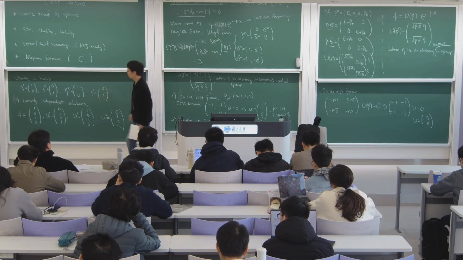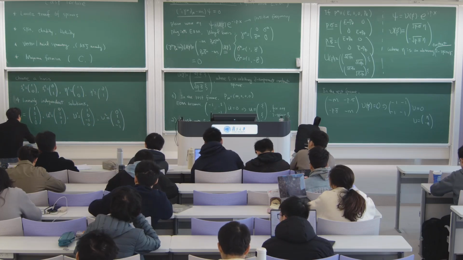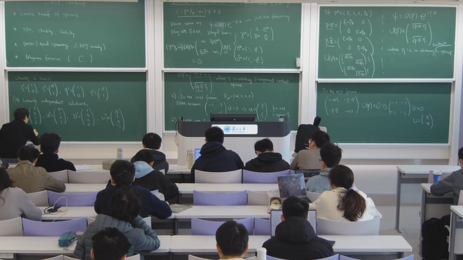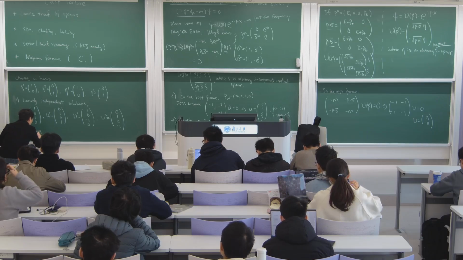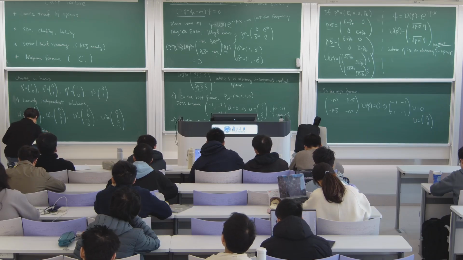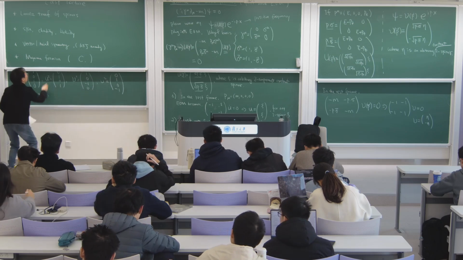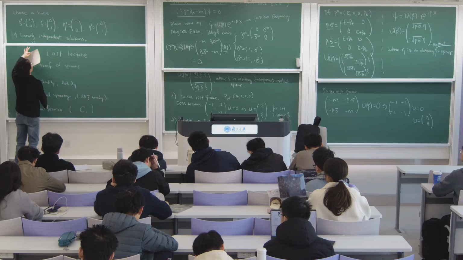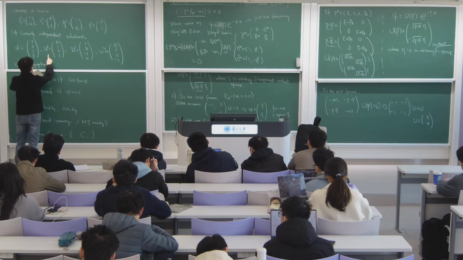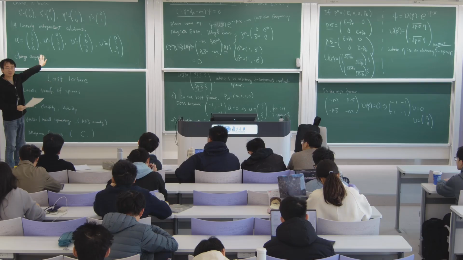So we can try, for example, to take the charge conjugation for this U1. Do you still remember what the charge conjugation is for a given spinor? Because now we're working in the Weyl basis.